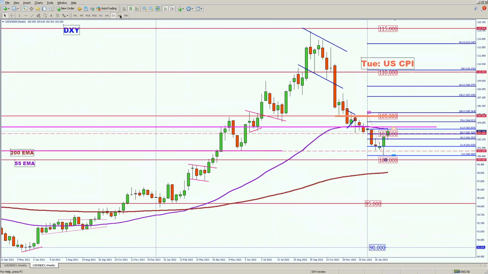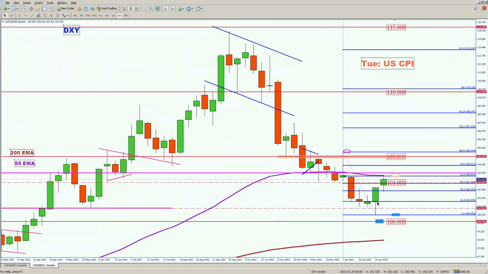Let's take a quick look on the weekly time frame, and it did gap up and then rose to hit the 62 Fib retracement as well as the weekly 55 EMA, and that's blocking the progress for now. But in the short term, it does look like it may continue to push through higher.